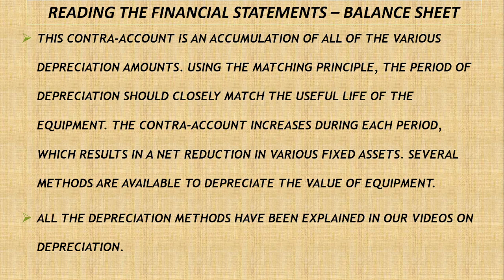The contra account increases during each period, which results in a net reduction in various fixed assets. Several methods are available to depreciate the value of equipment. All the depreciation methods have been explained in our videos on depreciation.